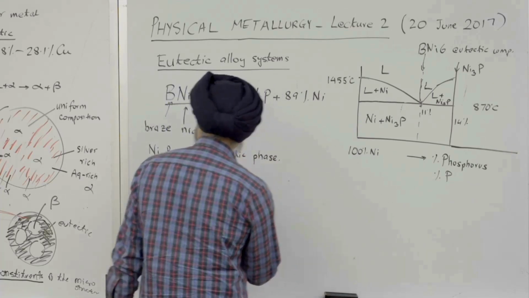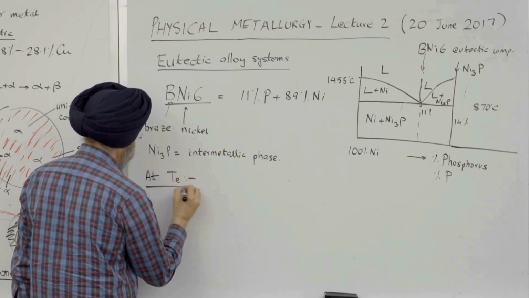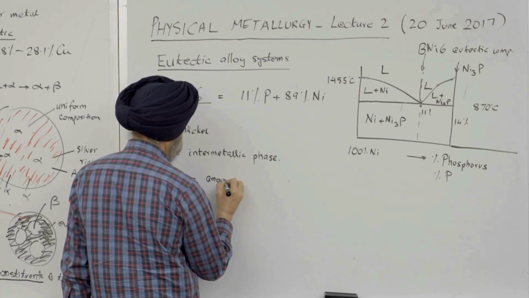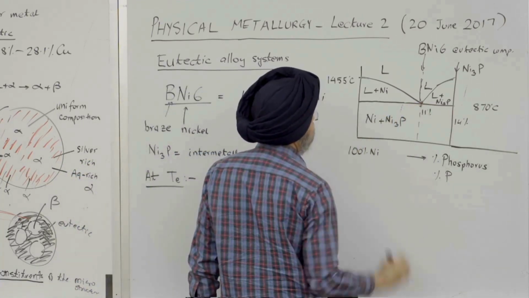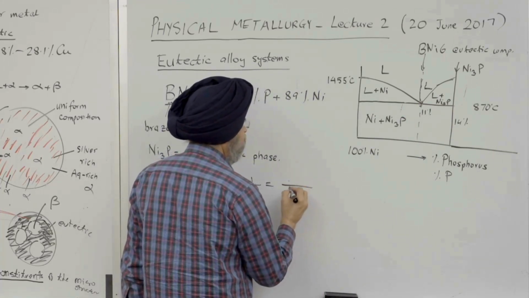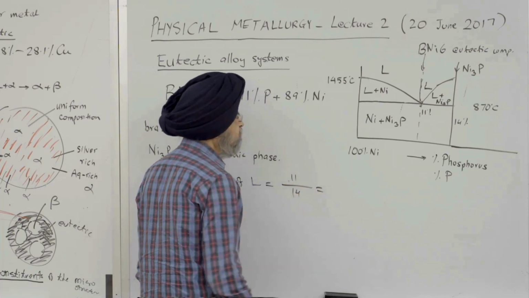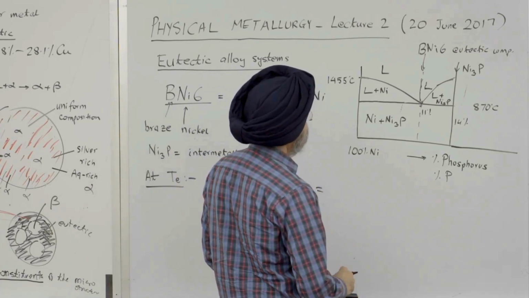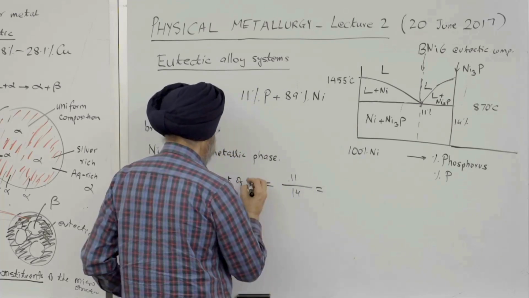Okay, so at the eutectic temperature, what is our amount of liquid at the eutectic temperature? So now we know the amount of liquid is 11 over 14, right? I'm sorry, the amount of Ni3P.